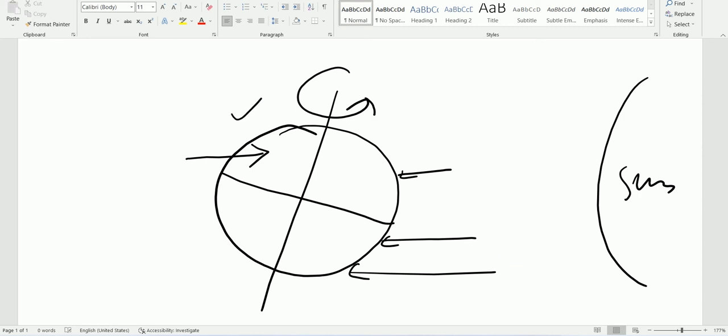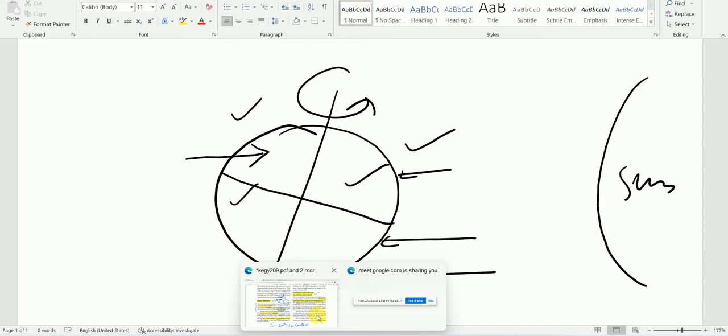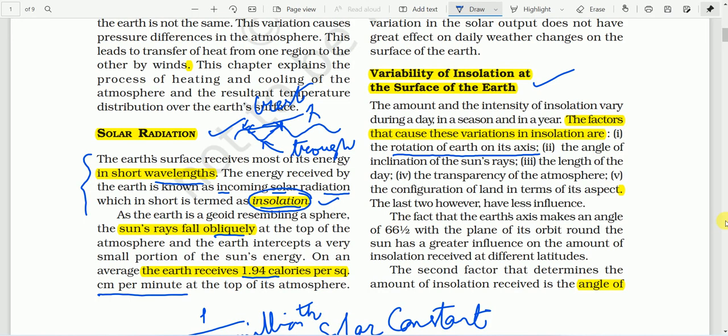This side will be nighttime, and this side will be daytime. So here we get the insolation, and on this side we don't get the incoming solar radiation. So due to this rotation of the Earth on its axis, there is variation in the amount of insolation received by the Earth. That is number one.